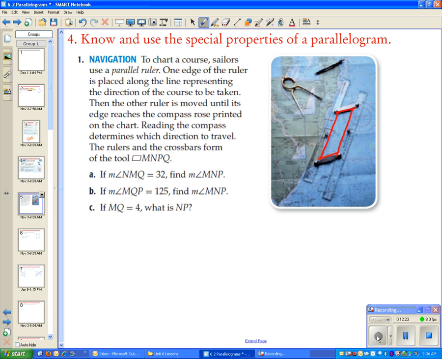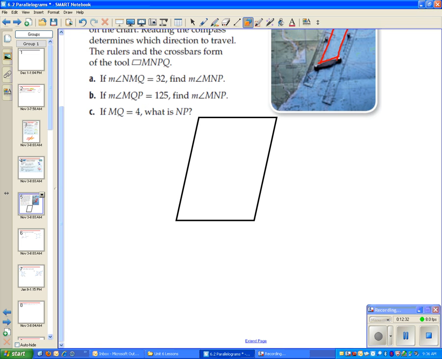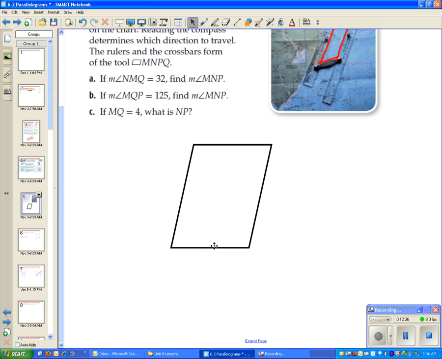Let me draw a different one so it's a little easier to work with. So we'll just say it's that. Now, they called it MNPQ, so I may not get my vertices in the same order they intended. M, N, P, Q. All right.